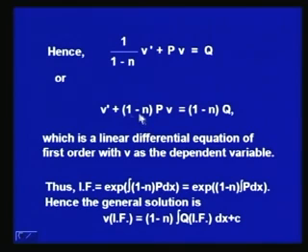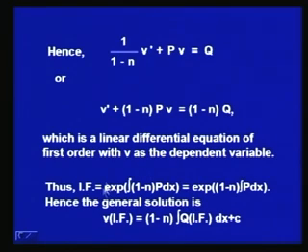So, this is a linear differential equation of first order in the dependent variable v, where the coefficient of v is (1-n) p, which is our new p, and the right hand side is (1-n) q, which is the new q.